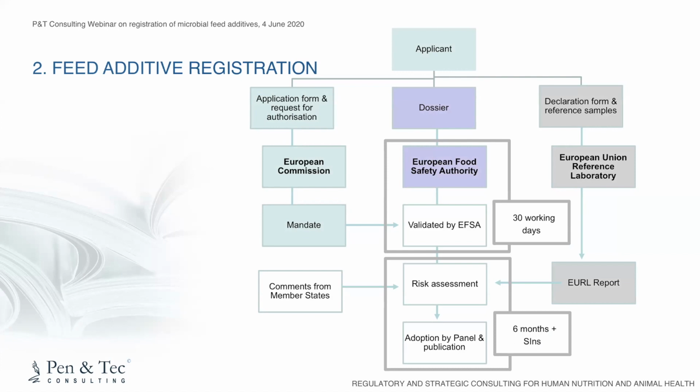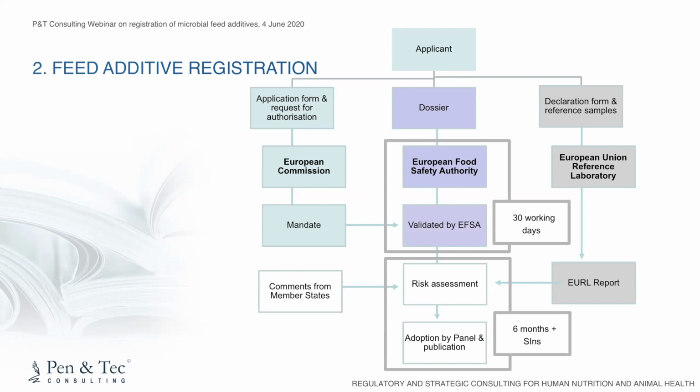Declaration form and reference samples of the additive shall be sent to the European Union Reference Laboratory. They will be in charge of preparing an evaluation report on the analytical methods during the first 3 months of the evaluation in parallel to the risk assessment performed by EFSA.